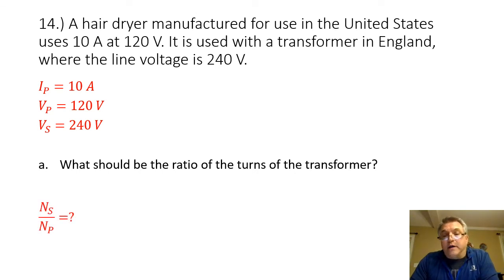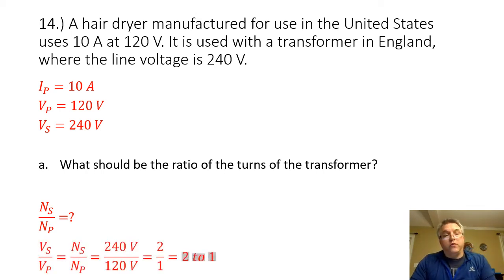And remember, fractions are just ratios and proportions. So to do that, I am going to use my equation. I know that the ratio between the secondary voltage to the primary voltage is equal to the ratio between the number of turns on the secondary coil to the number of turns on the primary coil. I know that the voltage on the secondary coil is 240 volts.